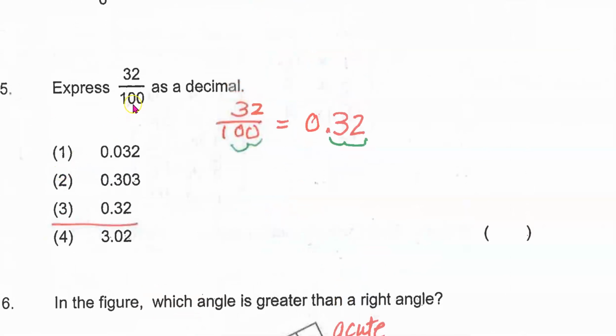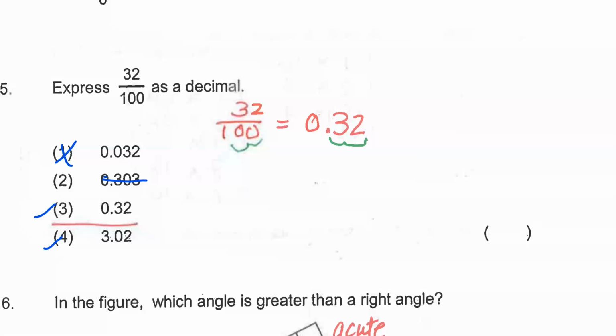Now this, it means over 100, there are 2 zeros here. It means your answer must be of 2 decimal places. So it cannot be this, this is 3 decimal places. So it's either 3 or 4. Now look at how you do it.